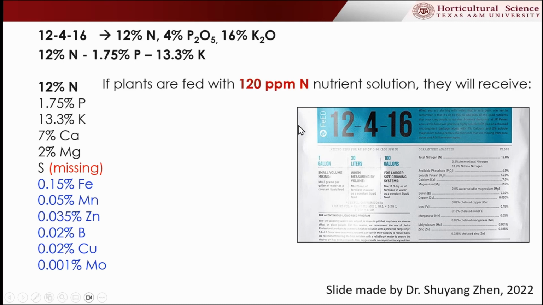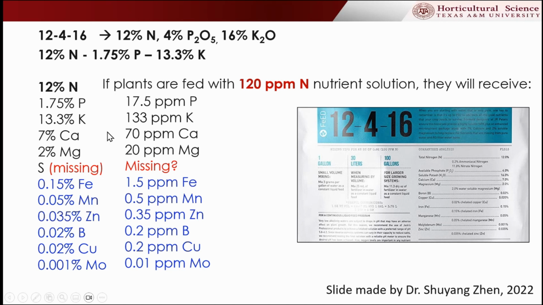For example, if plants are fed with a 120 ppm nitrogen nutrient solution, they will receive each macronutrient and micronutrient at these concentrations. And a 100 ppm nitrogen rate is also used in this study.